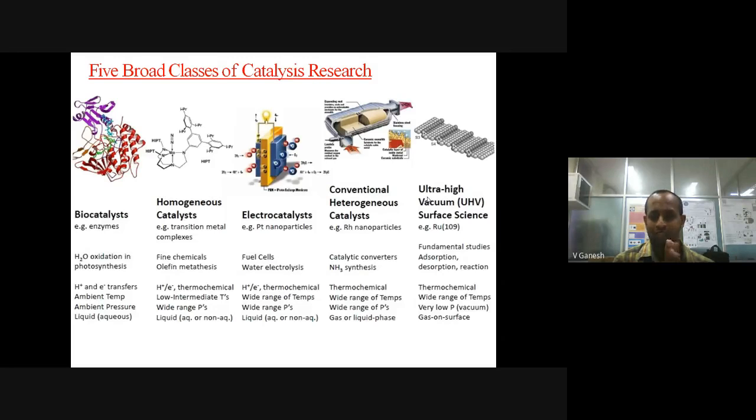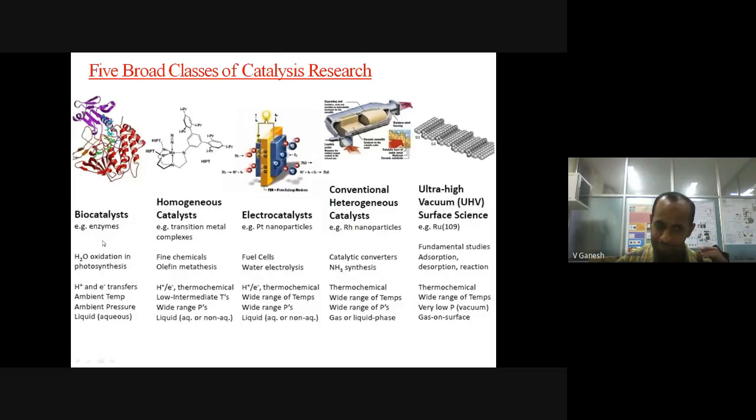Right now, that's about the fundamental concepts in electrochemistry and the techniques. Of course, I do work on both sensing and electrocatalytic areas. Our group focuses on many different catalysis, not necessarily water splitting alone. But today I will only talk about water splitting. Now, if you look at catalysis research, it has broadly been classified into 5 different categories.